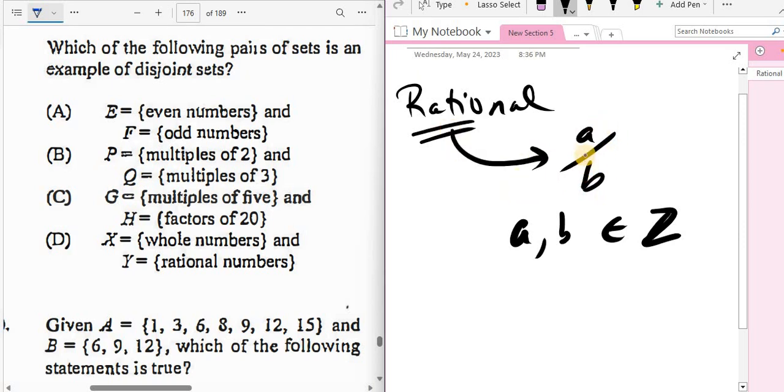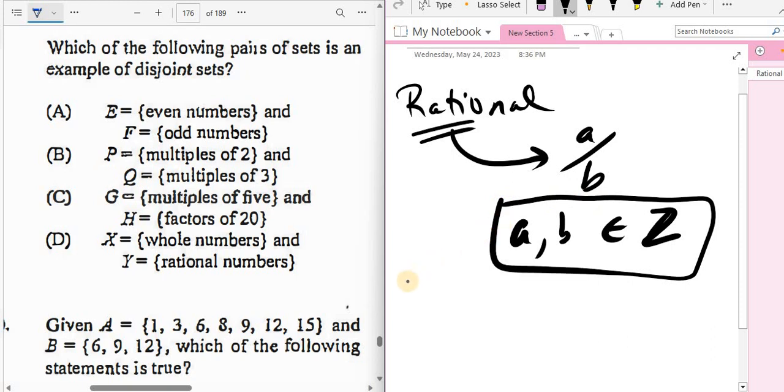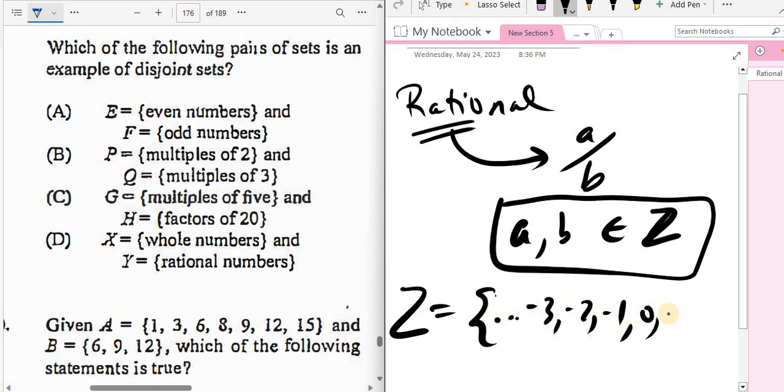And the numerator and denominator must be members of the set of integers, like negative numbers and also positive whole numbers. So A and B, where B is not equal to 0.